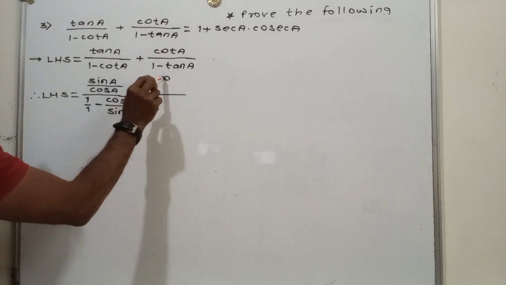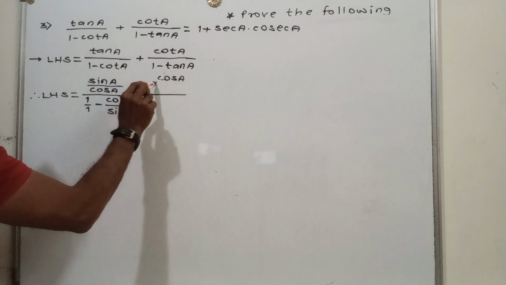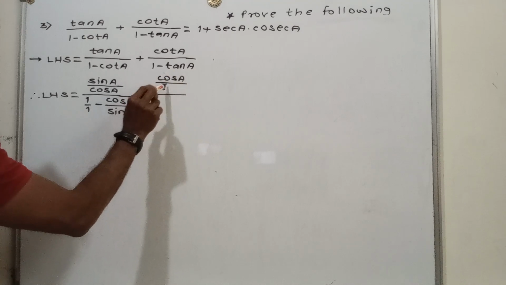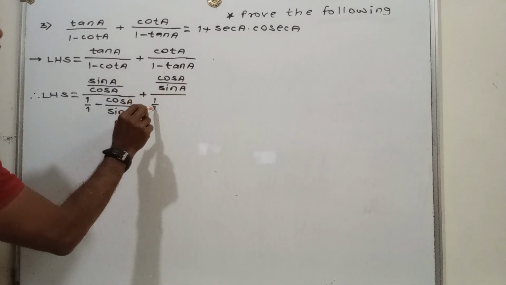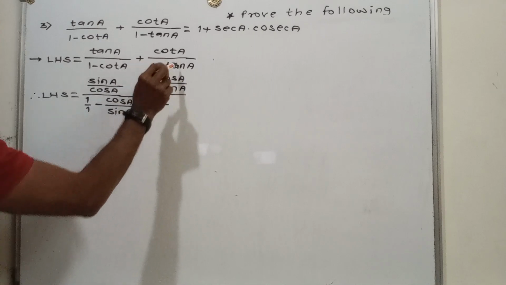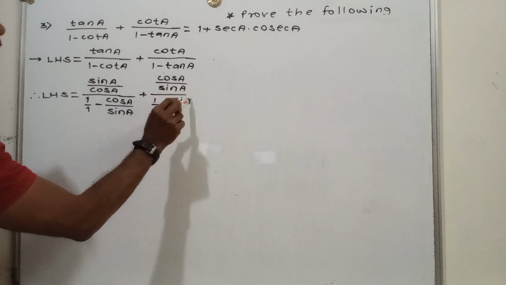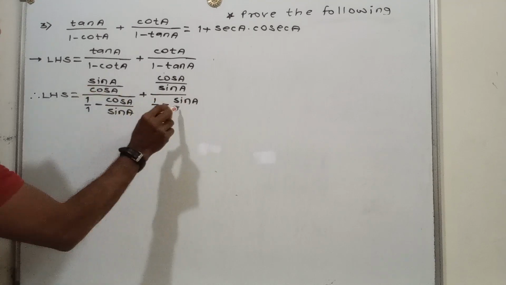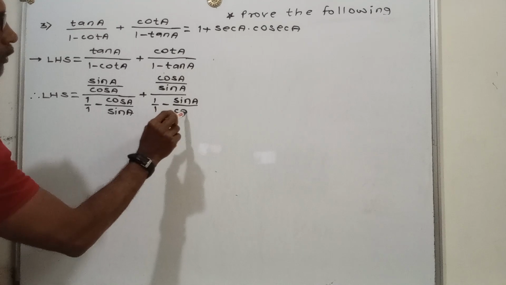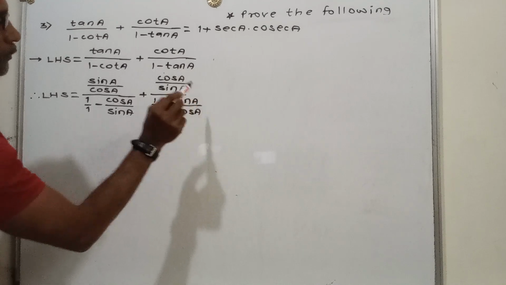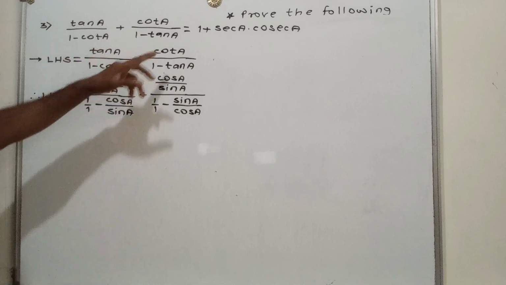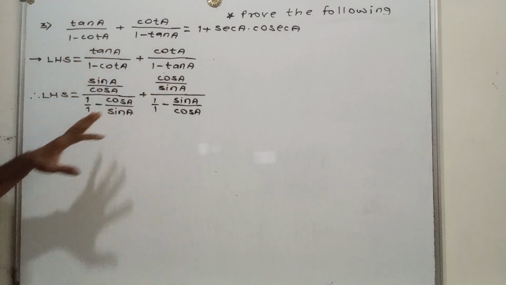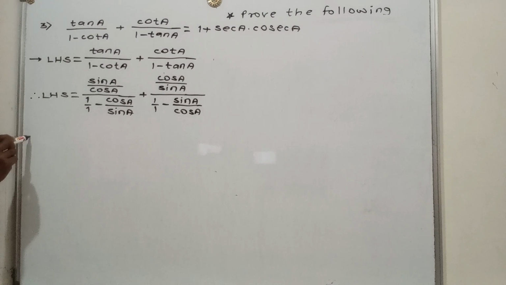Cot A means cos A upon sin A, divided by 1 upon 1 minus tan A, means sin A upon cos A. This way we convert tan and cot into sin and cos.